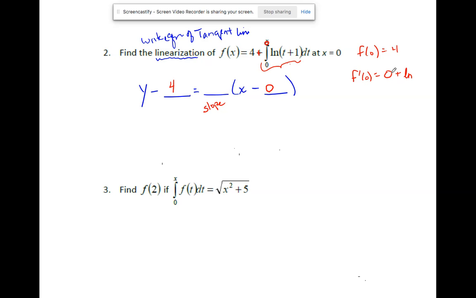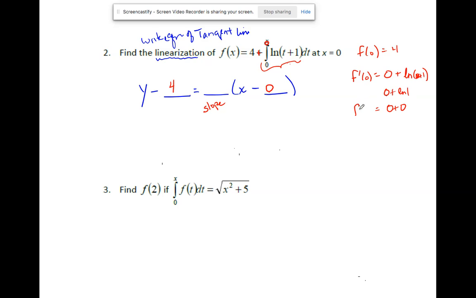The integrand, lower limit was a constant, upper limit was x. So what is this? 0 plus ln of 0 plus 1 is 0 plus ln 1, but what is ln 1?